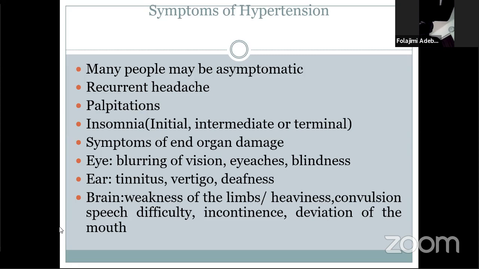Signs of low blood pressure are dizziness, inability to stand straight, and sometimes even to sit up straight might be a problem. For those people, the best position is to lie down flat, the supine position. That way they will be able to cope better than sitting up or standing up.